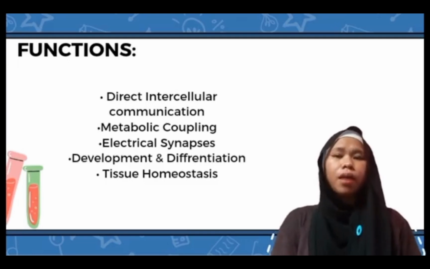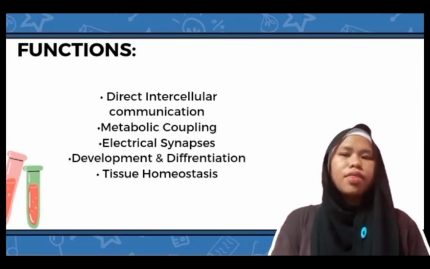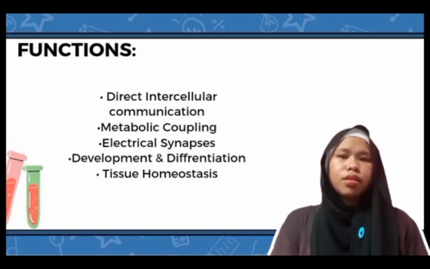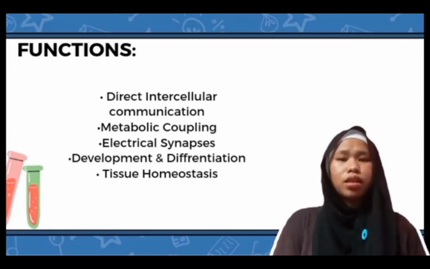Metabolic coupling: gap junctions can facilitate the transfer of nutrients and metabolites between cells, ensuring a balanced metabolic state within a tissue. And then electrical synapses. In some tissues, gap junctions form electrical synapses, allowing for the rapid transmission of electrical signals between neurons. This is important for coordinated activity in our nervous system.